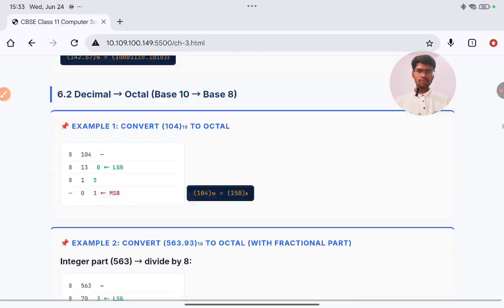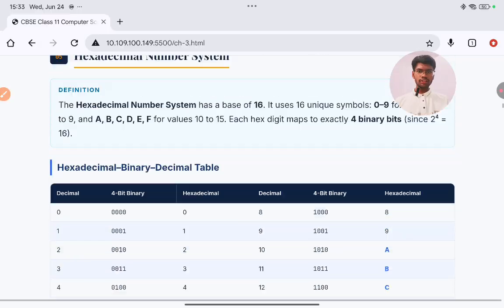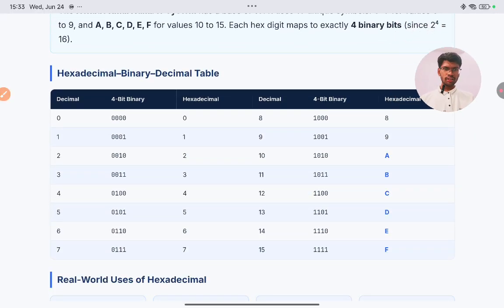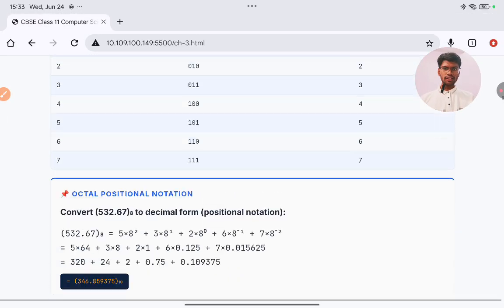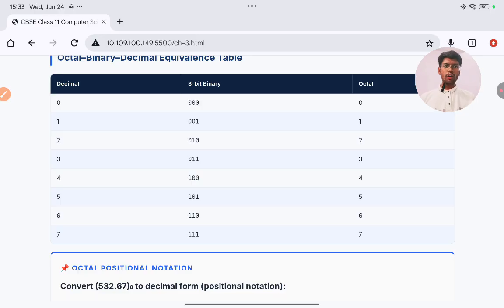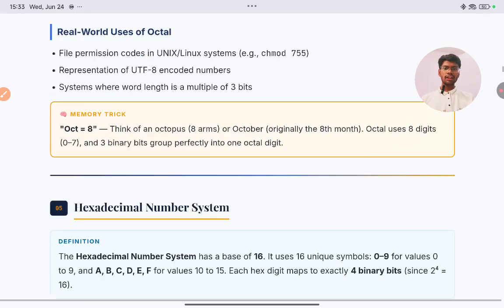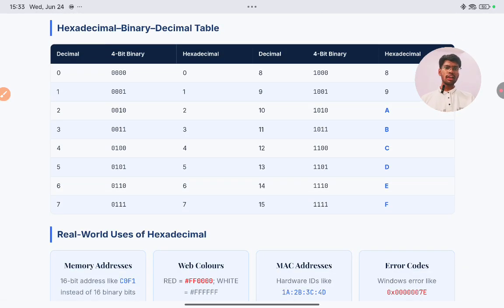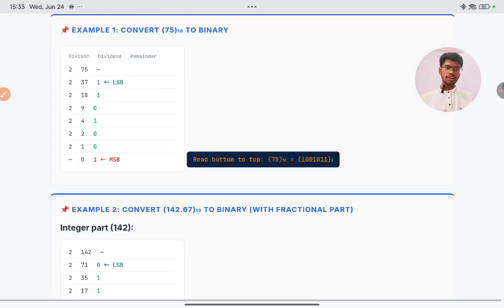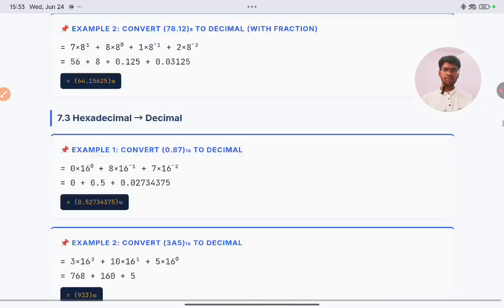Take a note of that table. This table is for hexadecimal, and this table is for octal. 0 to 7 is the same in both, and here it is 8 to 15, which you represent in A to F format. Just remember that conversions have to be done like this.